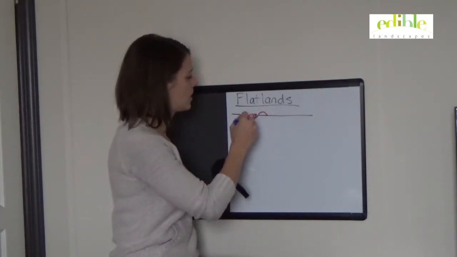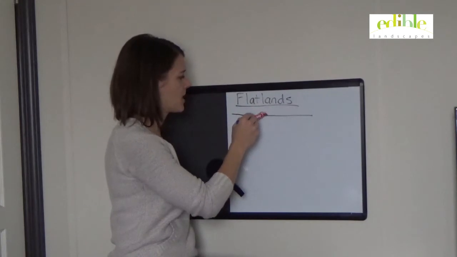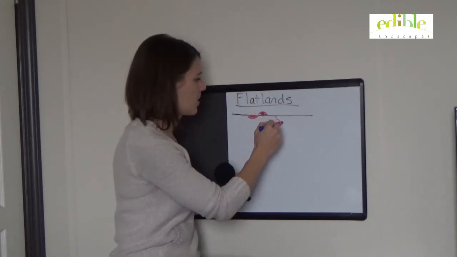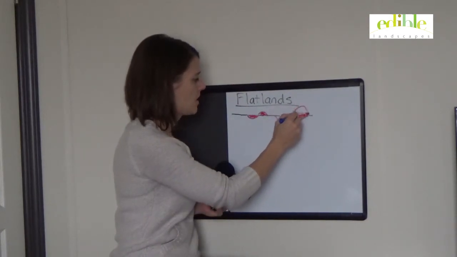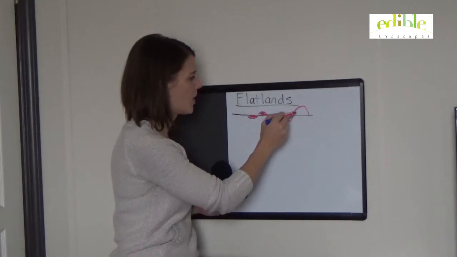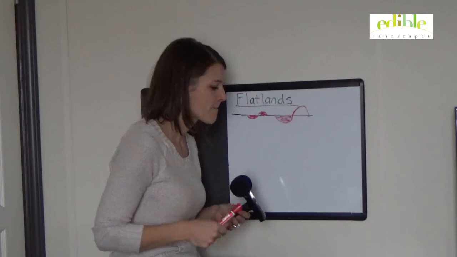So if we just have a little bit of a hole, a little bit of a swale, we wouldn't have a lot of water filling up in there because we'd have such a tiny little mound. But if we ended up digging a really big swale, we'd have more of a mound and we could actually end up filling more water in here, which would saturate more of that mound and so on and so forth.